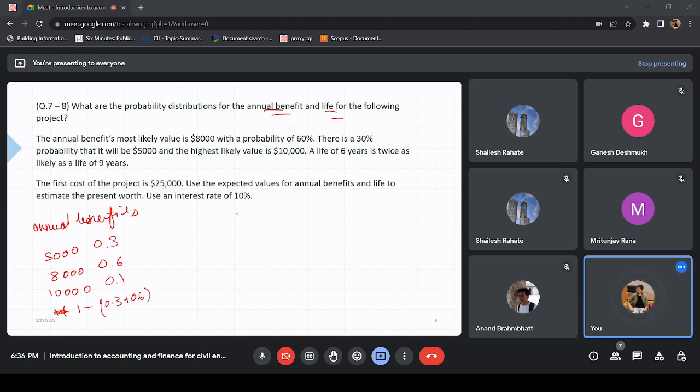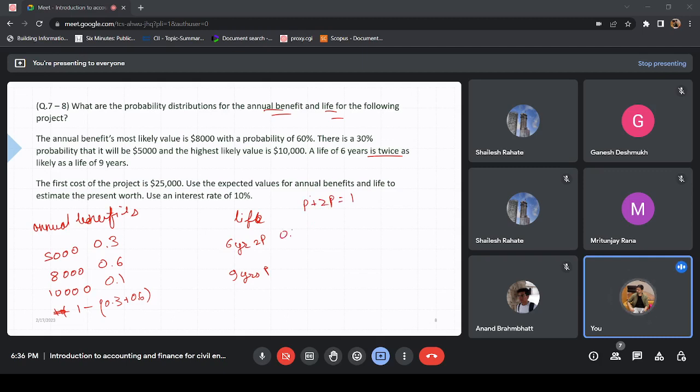Right, and similarly for life, what you have been given, there are two options only, 6 years and 9 years, and life of 6 years is twice as likely as life of 9 years. So that means if this is p, this becomes 2p. So p plus 2p is equal to 1, right?